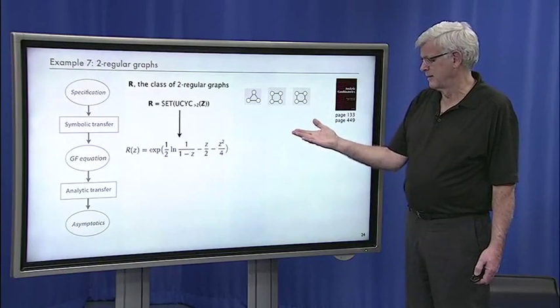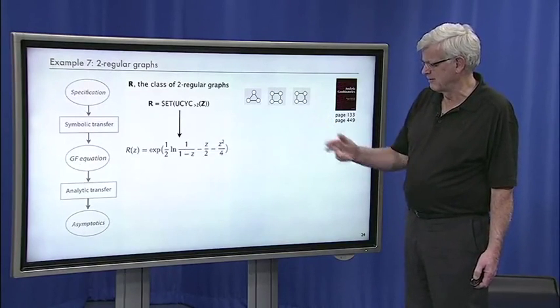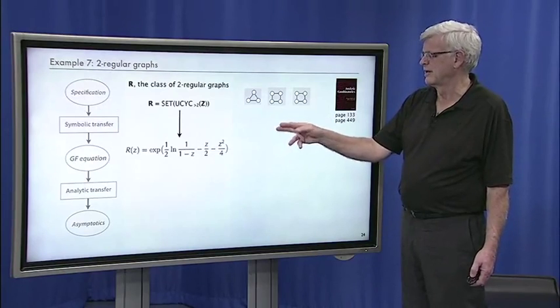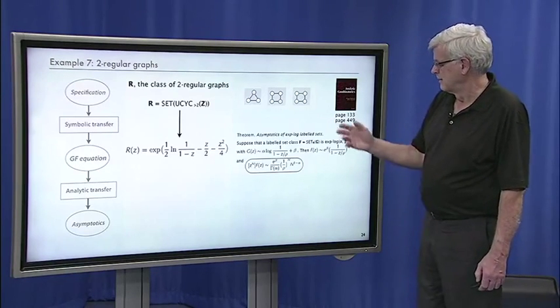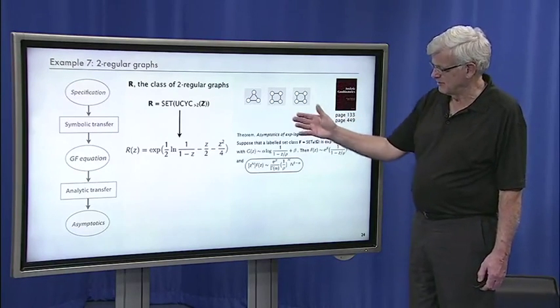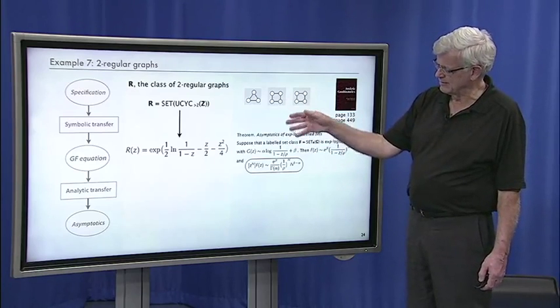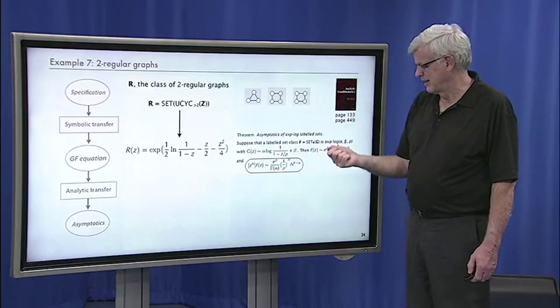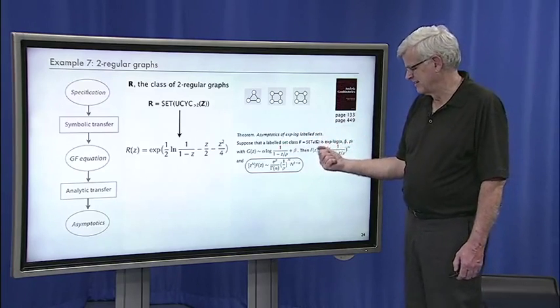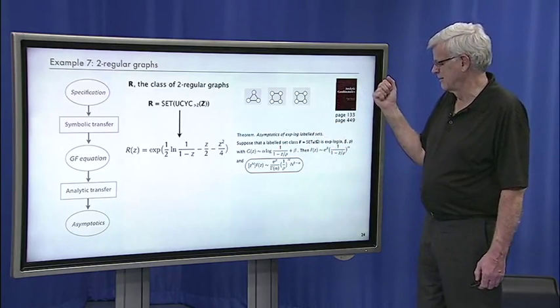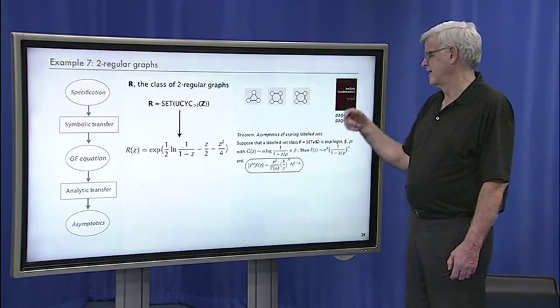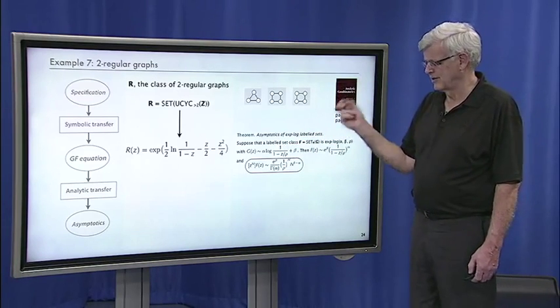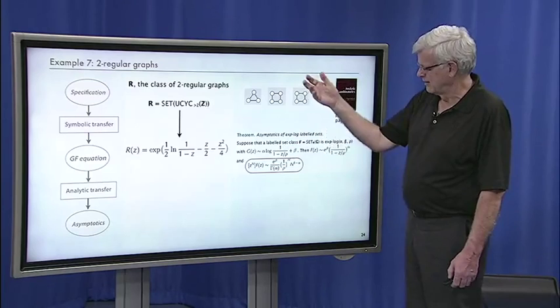Now that looks a bit complicated at first until you realize that it's X-log form. X-log form all it says is that what's in the power of the e is some constant times log of 1 over 1 minus z, plus some other constant. It's asymptotic to that near the singularity closest to the origin.